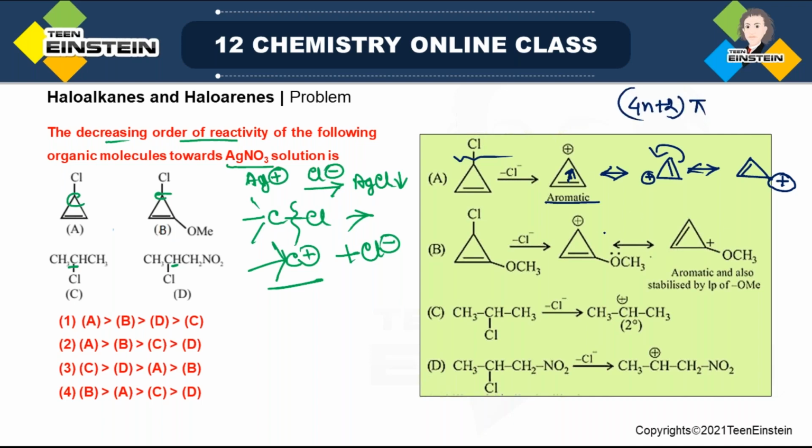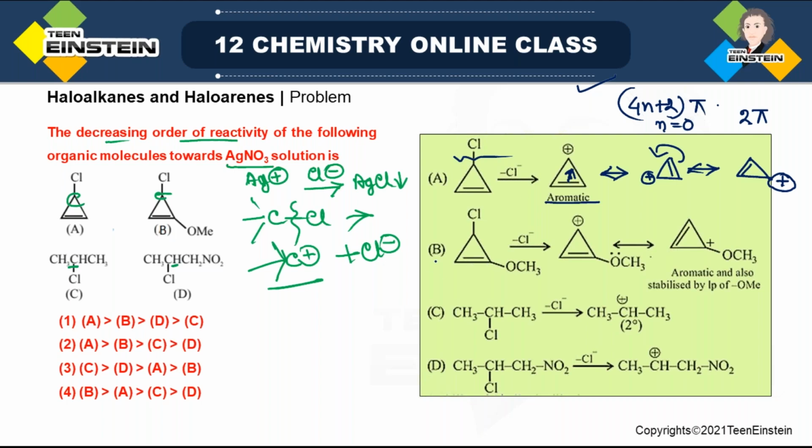So here, as you have only one double bond, the total number of pi electrons is 2. So this follows the rule, because when n is 0, it will be 4 into 0 plus 2, that means 2 electrons. So in your case, it is 2 pi electrons. That is why it is aromatic, because it follows all the criteria for aromaticity. So obviously this carbocation is very stable.